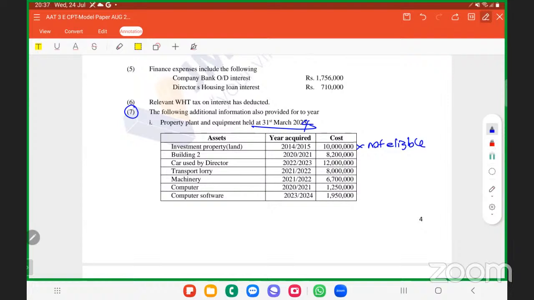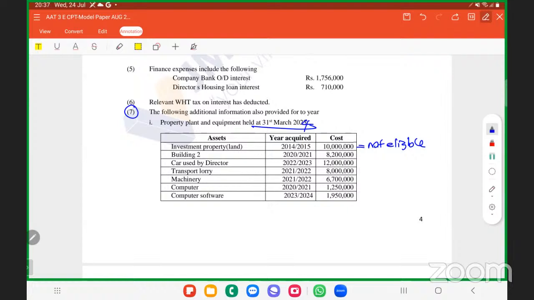You can claim capital allowance only on depreciable assets. A depreciable asset means any asset used for the production of business income. But in this case, the investment property, the land, is used for rent income, that is an investment.